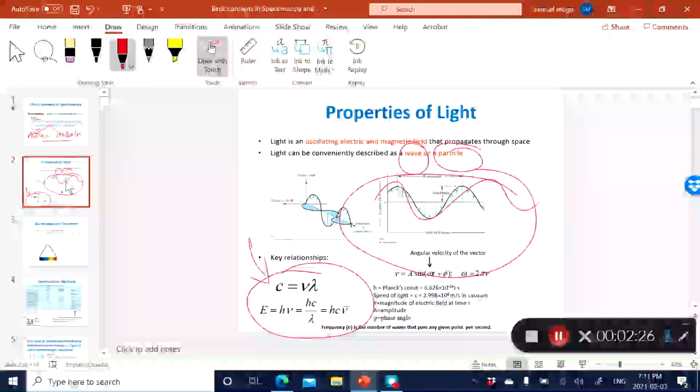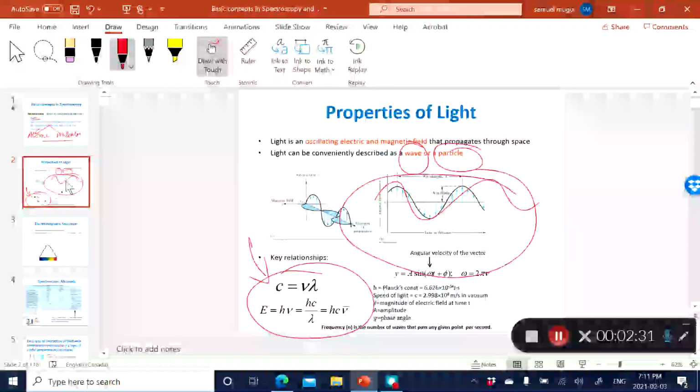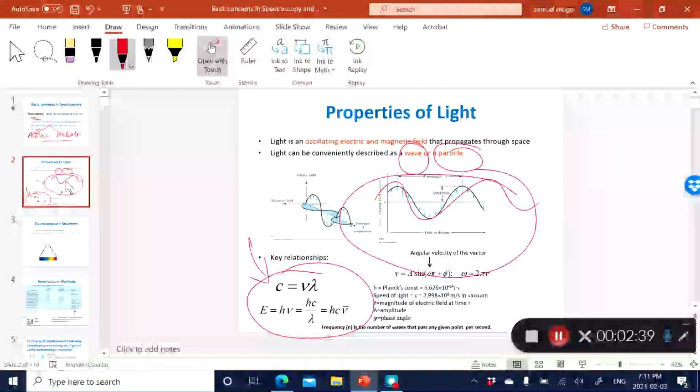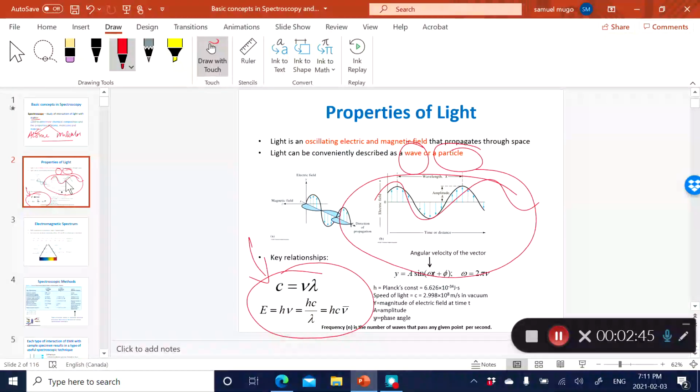So think of it both as a quanta, or rather a photon, as a particle, but also that particle is propagating in the form of a wave, and as such you can determine its wavelength or frequency. It's important to remember that the energy is proportional to the frequency, and the frequency can be calculated by taking the velocity of light divided by the wavelength.